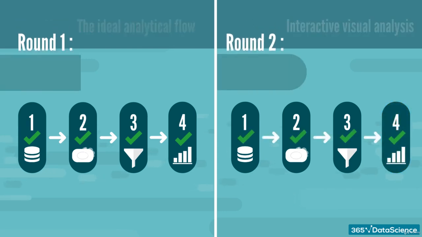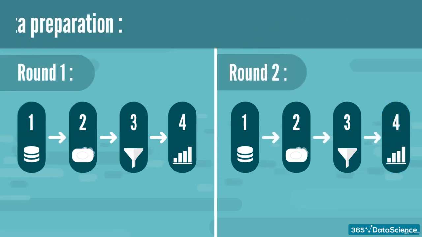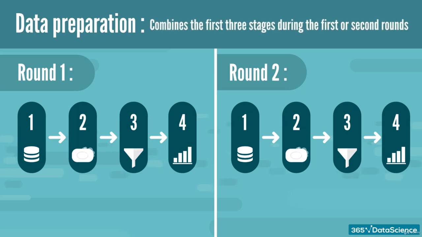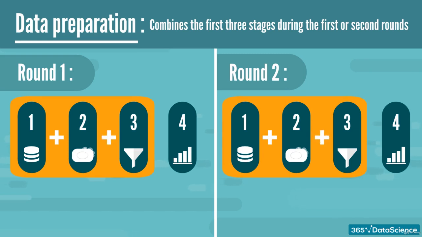With these processes in mind, we can consider data preparation. Disregarding any slight distinctions on how data analysts and machine learning practitioners apply this term, data preparation, or data prep, combines the works of the following three stages: gathering, cleaning, and pre-processing data during the first or second rounds of the analytical work.